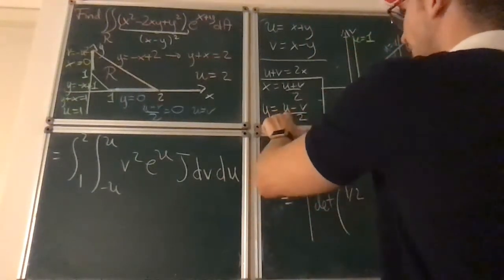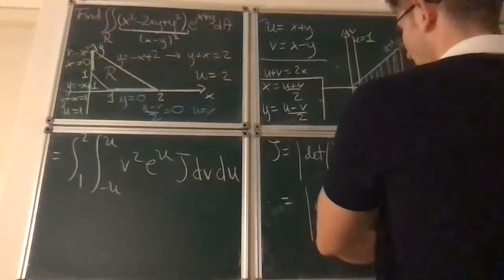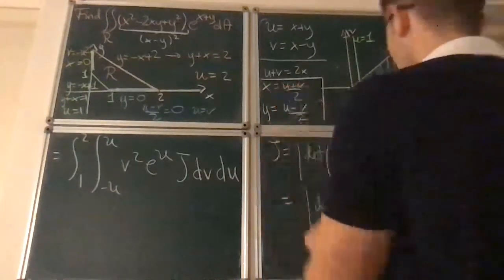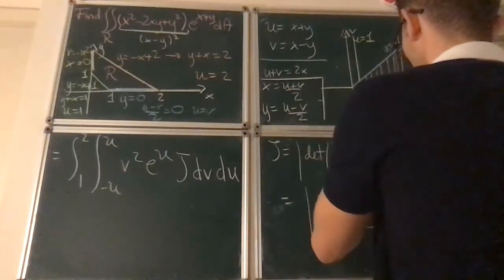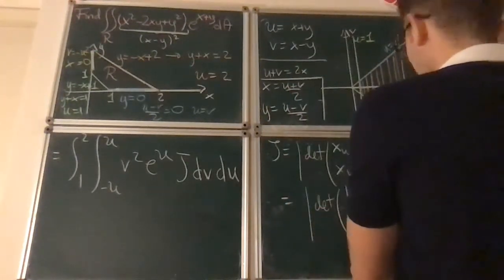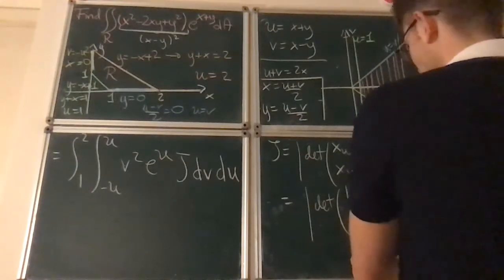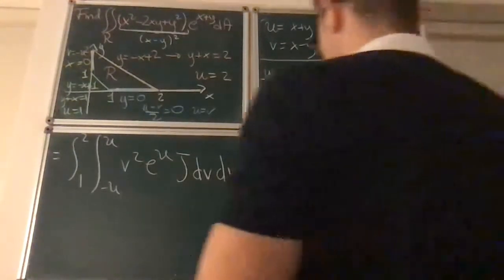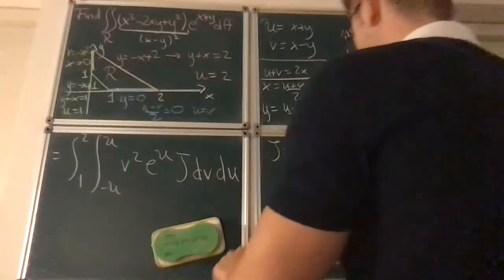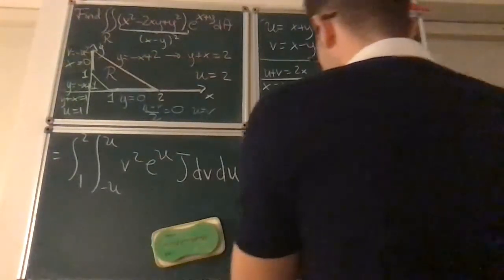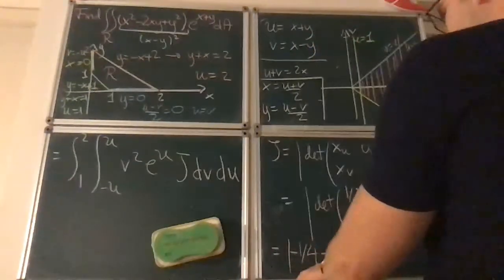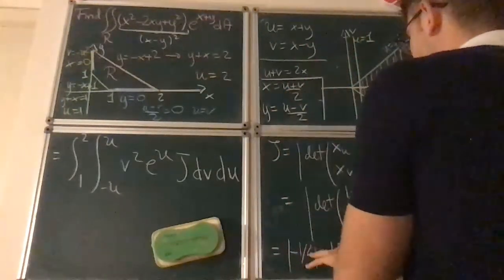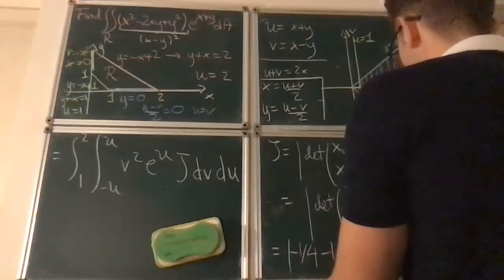Partial of y with respect to u is 1/2. Partial of x with respect to v is 1/2. Partial of y with respect to v is negative 1/2. So this determinant gives you minus 1/4, minus 1/4, so it becomes negative 1/2, and in absolute value becomes 1/2.